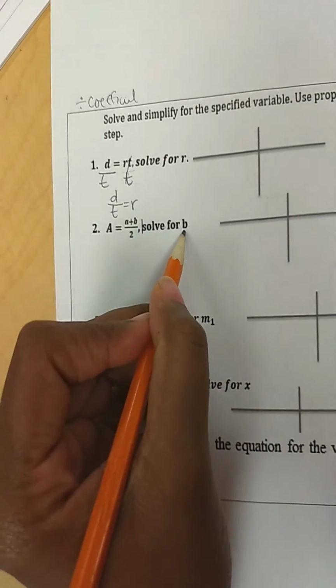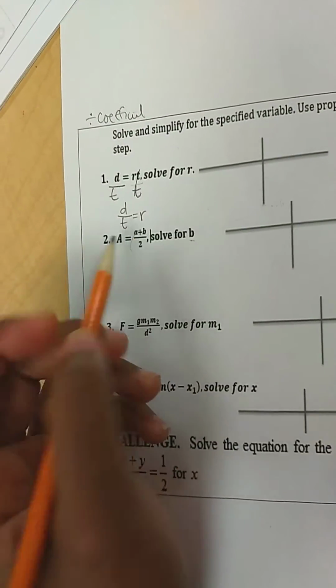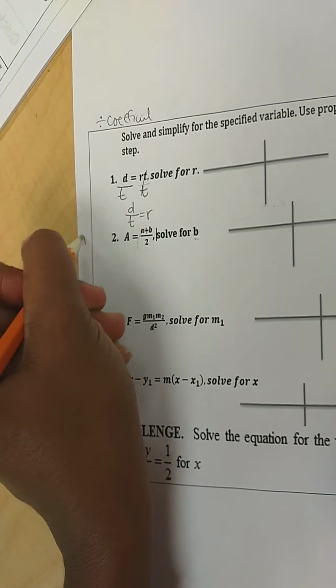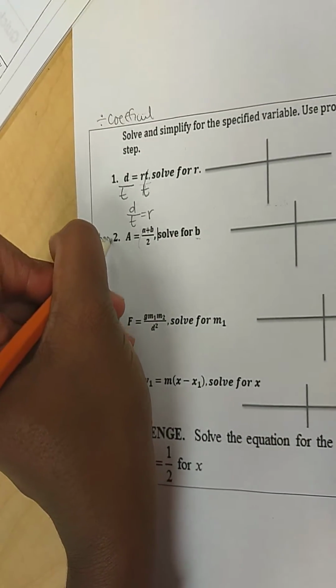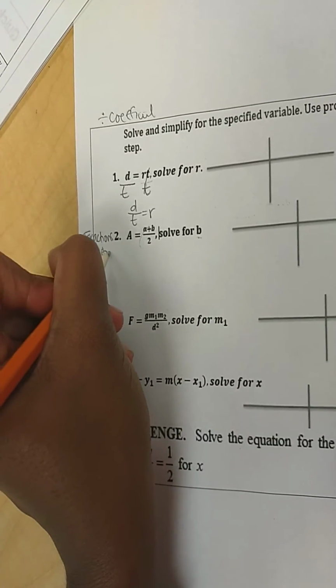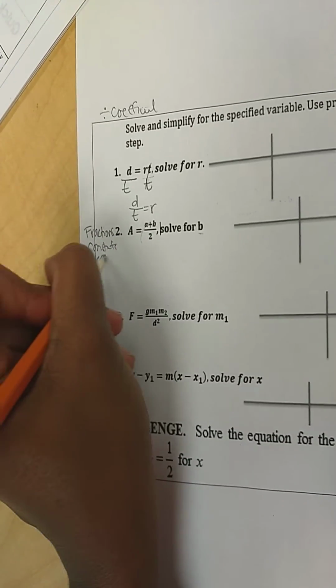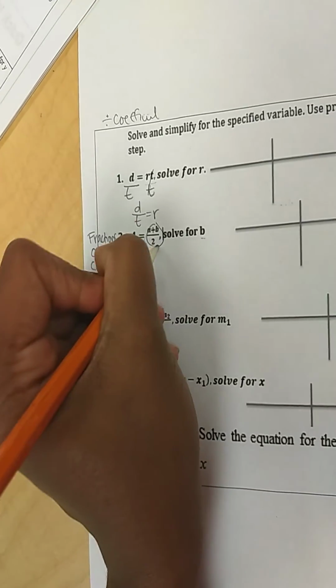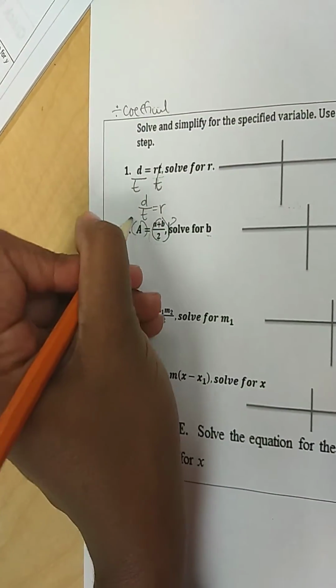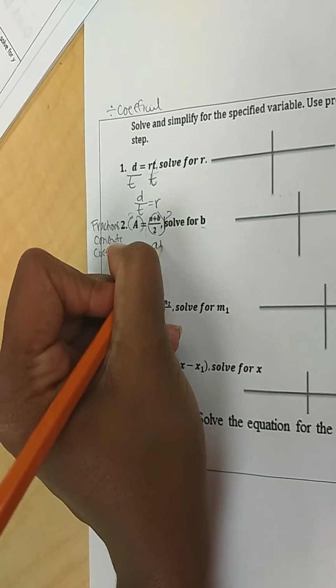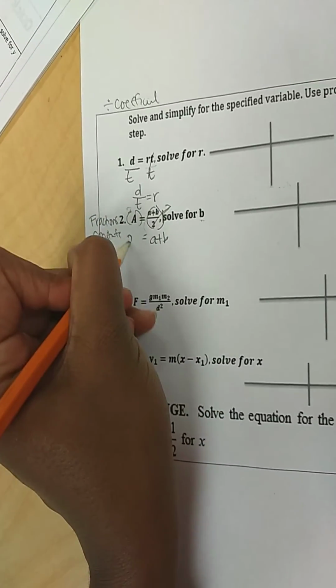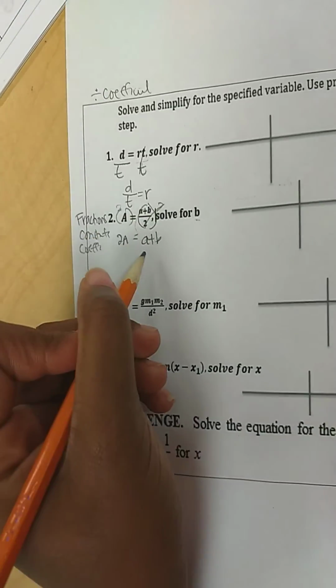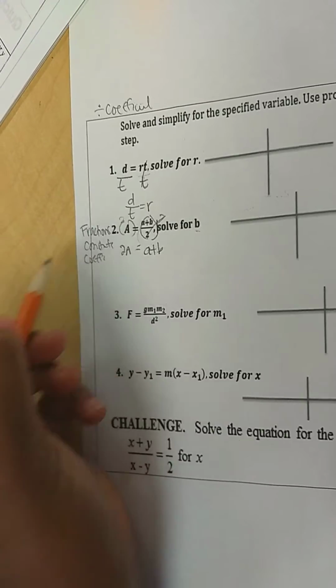Now I'm solving this one for b, but I notice I have a fraction. So I want to get rid of my fractions first, then constants, then coefficients. So I'll multiply both sides by the denominator, 2. I get a plus b equals 2a. Now I have my constant to get rid of.